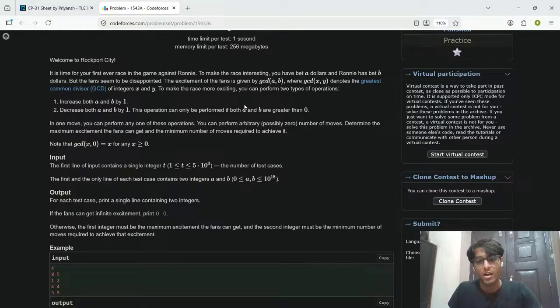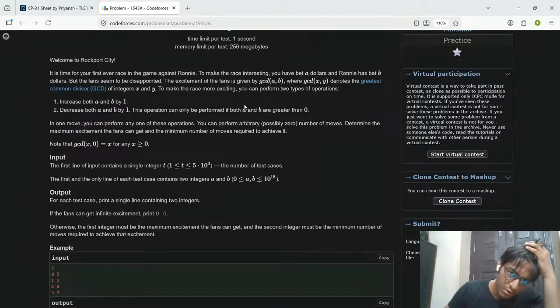You can perform an arbitrary number of moves. Determine the maximum excitement the fans can get, and the minimum number of moves required to achieve it.